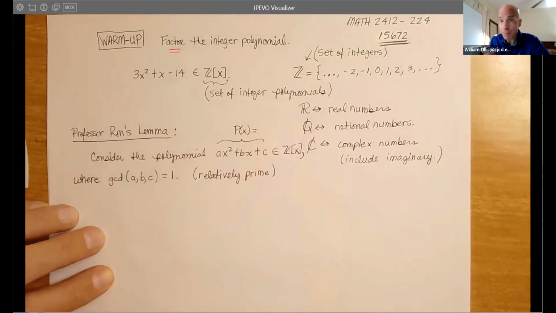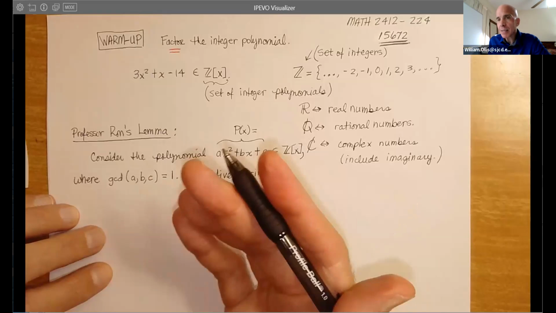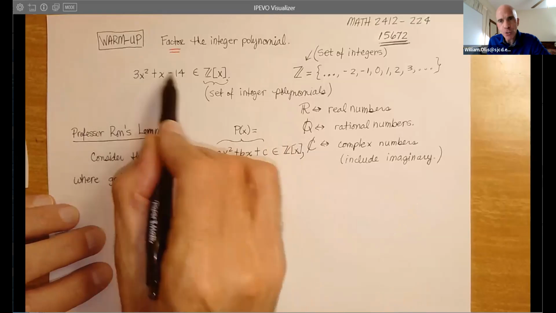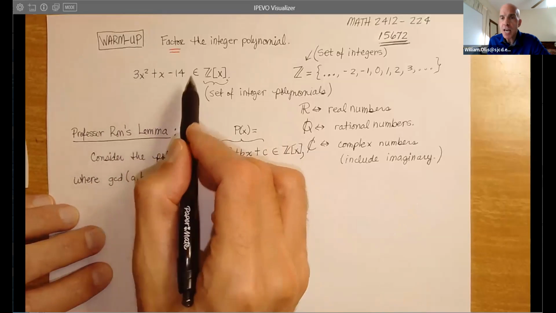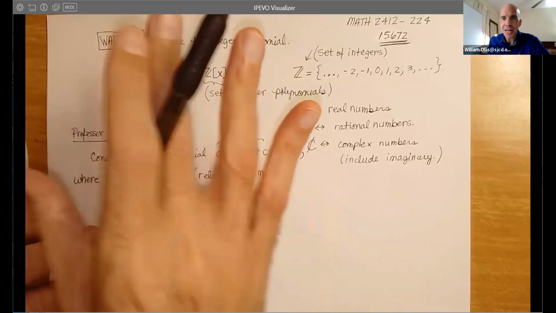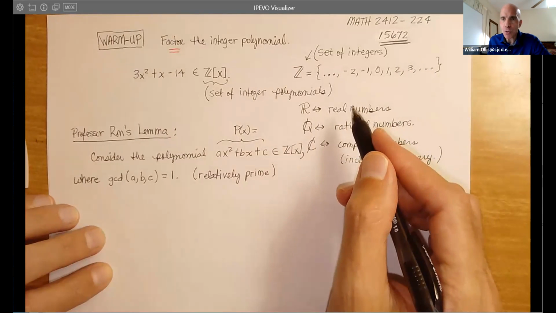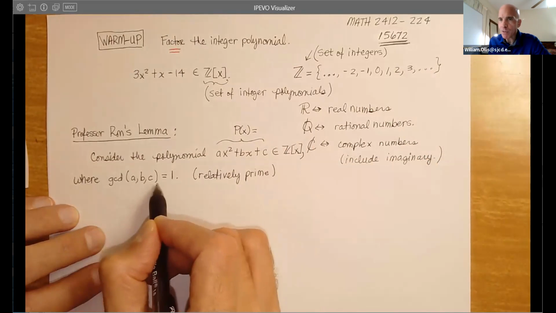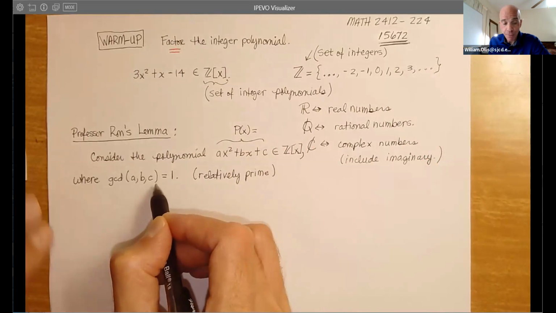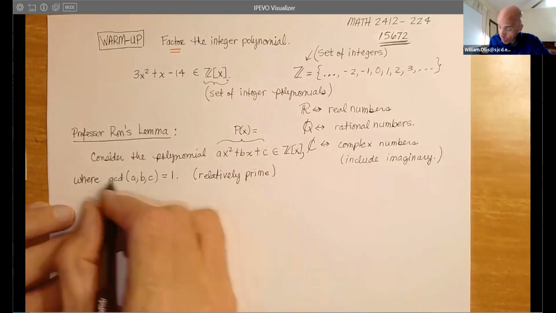So we call them relatively prime. The idea, ladies and gentlemen, is that if you have extra stuff here, like a common factor of 3 in all these coefficients, you factor it out, because that's just extra baggage that gets in the way. So we always want to make sure that we have them relatively prime. That's important.